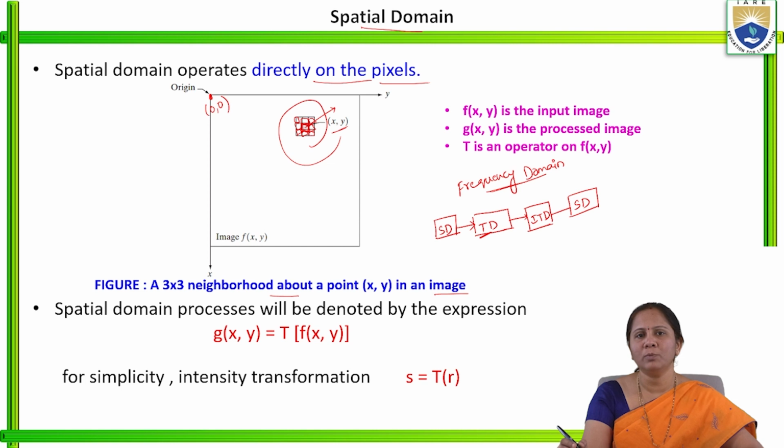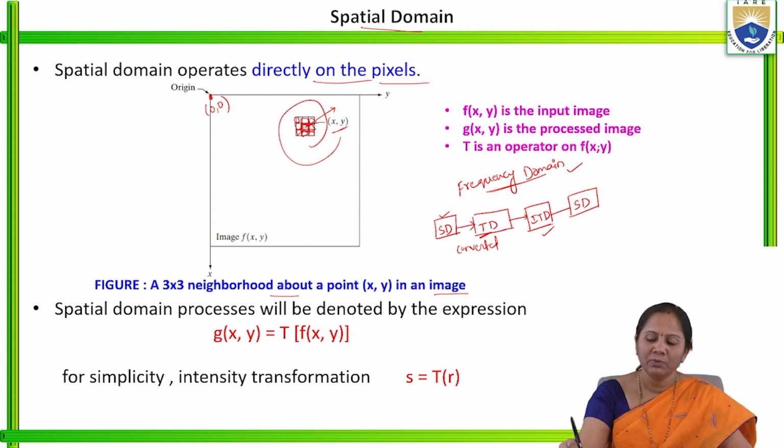So the frequency domain does not operate directly on the pixel. First, the image is represented in the spatial domain. Next, it is converted into the transform domain. After that, it is converted by the inverse transform. Next, it is represented in the spatial domain again.